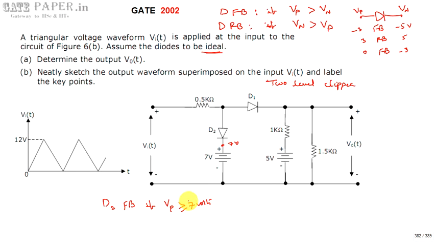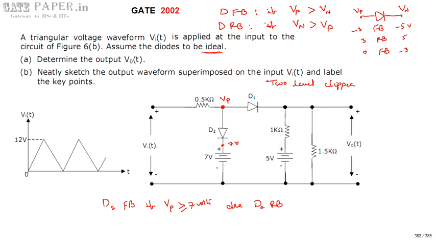Since it is ideal, you can write it as greater than or equal to. So whenever the voltage on the P side, that is this point, is greater than or equal to 7 volts, diode D2 is forward biased, else it will always be reverse biased. Remember that reverse bias acts as an open circuit, and forward bias acts as a short circuit in case of an ideal diode.